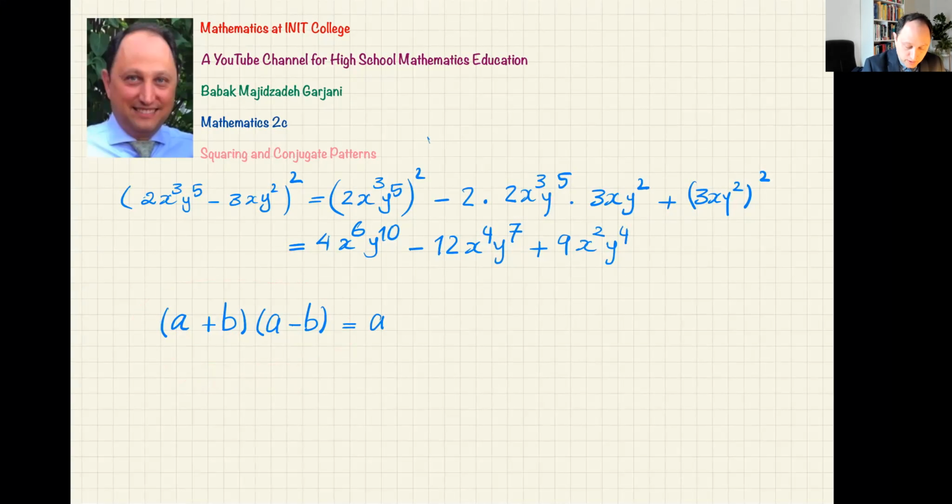So a times a is a squared, a times minus b is minus ab, b times a is positive ba, and b times minus b is minus b squared. Yes? And then you immediately see that these two terms are not only similar but opposite, so they cancel out. So what is left is just a squared minus b squared. That's it. That is called the conjugate pattern.